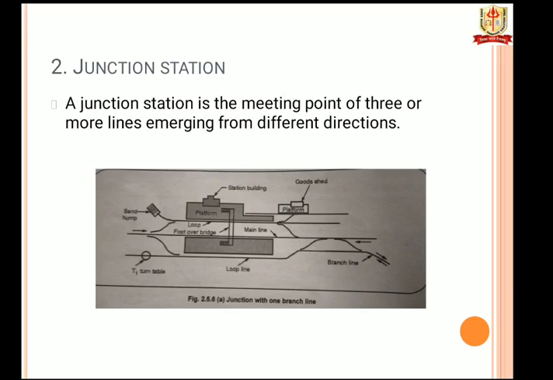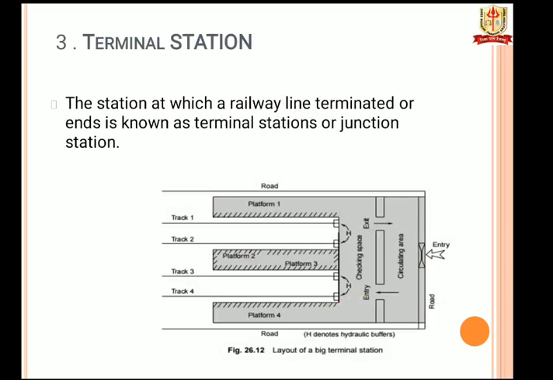An island platform with turntable is located to permit additional or extra lines. So this is an image of junction station.